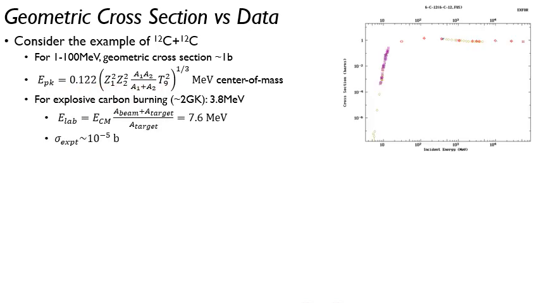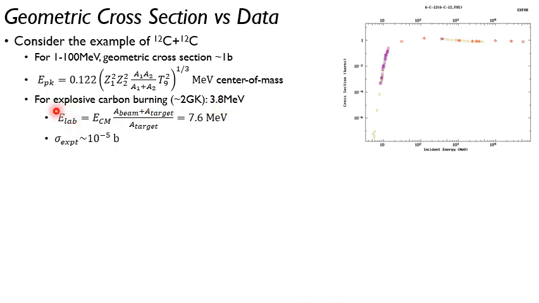Okay. So let's take the highest temperature astrophysical environment that I'm aware of where we care about carbon-12 fusion. So it's explosive carbon burning. It's about 2 gigakelvin. You can plug in your numbers and you get that the center of mass energy is about 3.8 MeV. We want to confront this with data, so we have to convert to the lab frame.